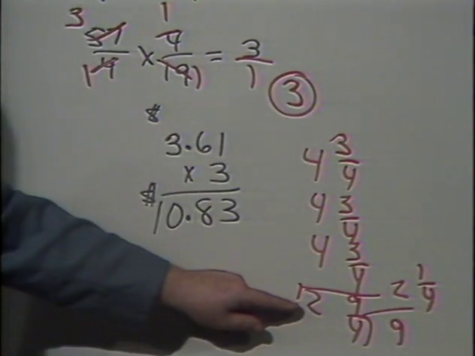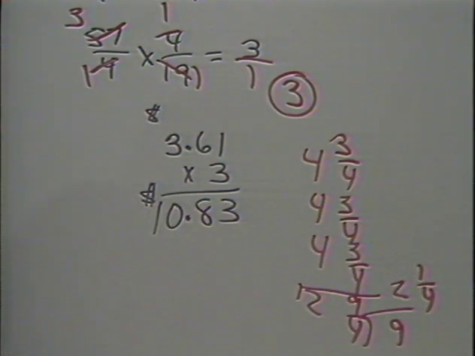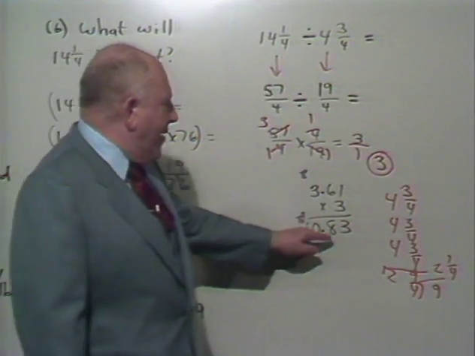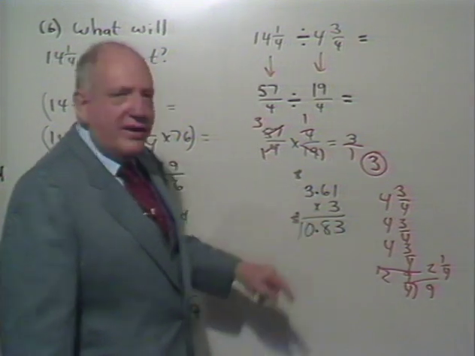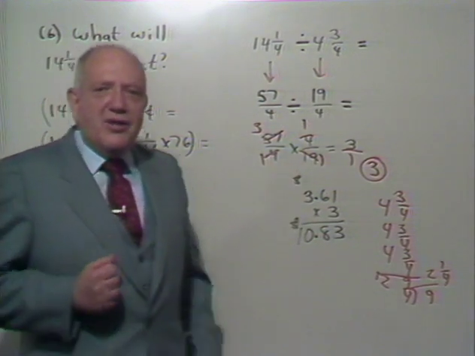So how much do you have altogether? 12 pounds and 2 pounds is 14 pounds, 14 1/4 pounds. Now, if you understand that, you can say, oh, I'm going to pay $3.61 3 times, and if I do that, the answer is what? The same, $10.83.